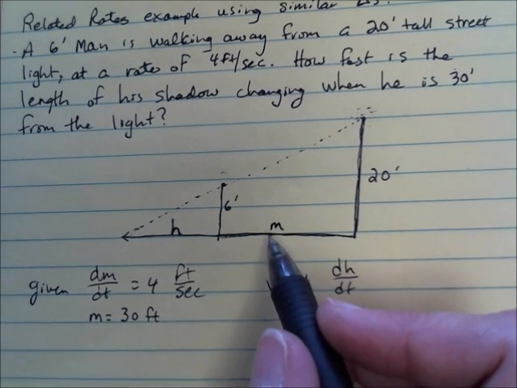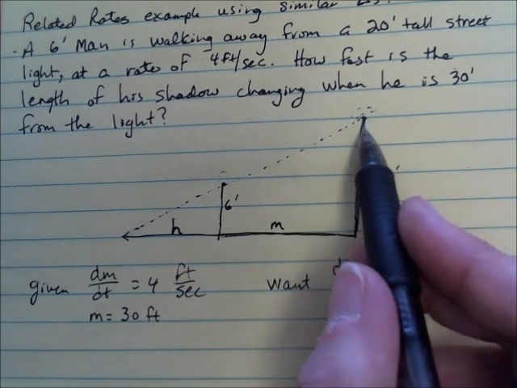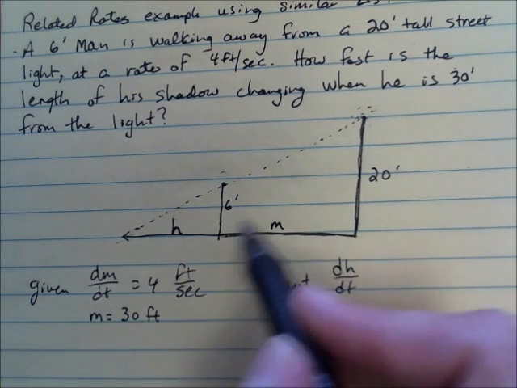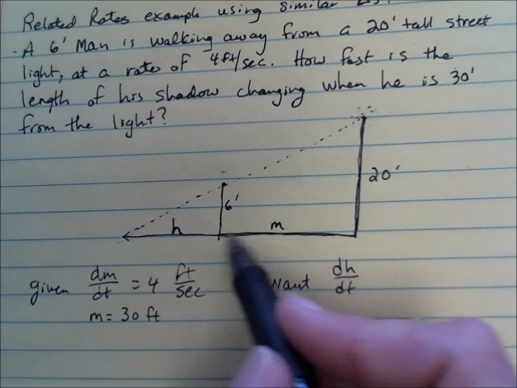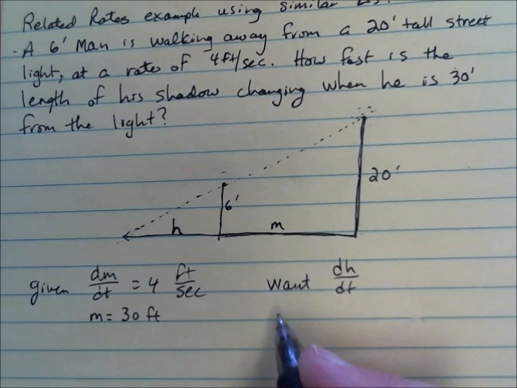So if you remember the proportion, there are different ways you can set up this proportion, but you can say that this height over this base is equal to this height over this base.